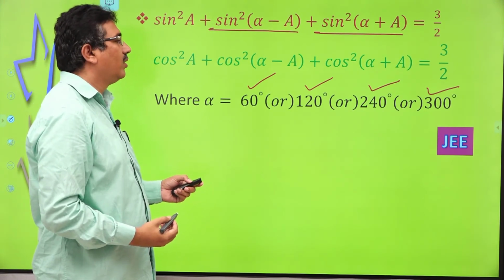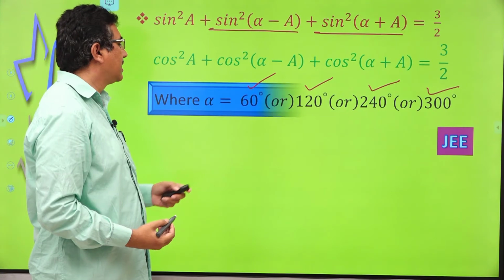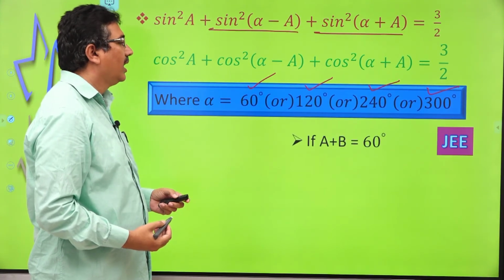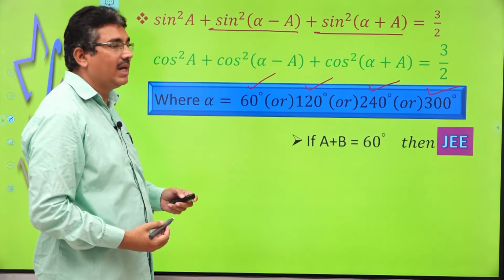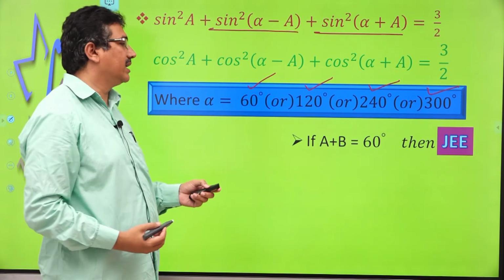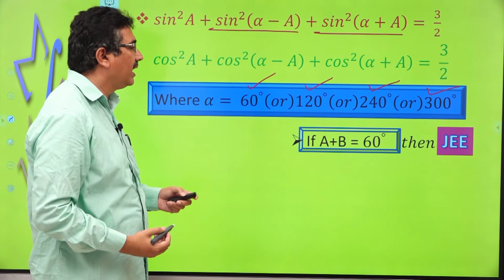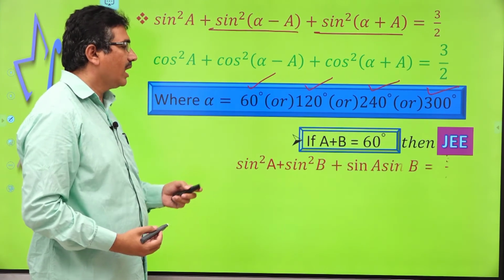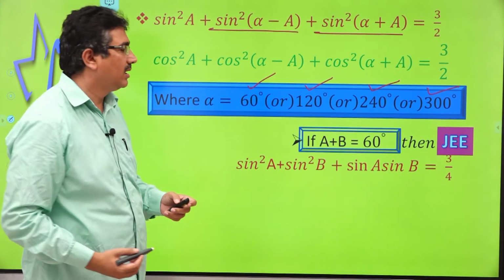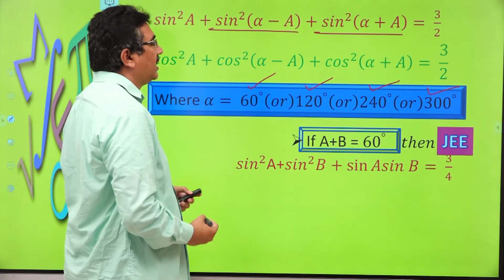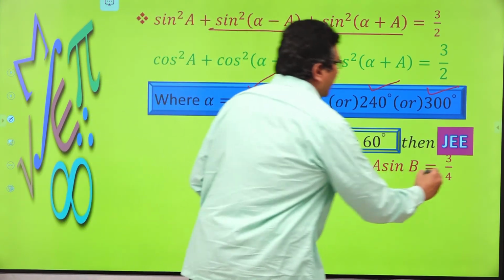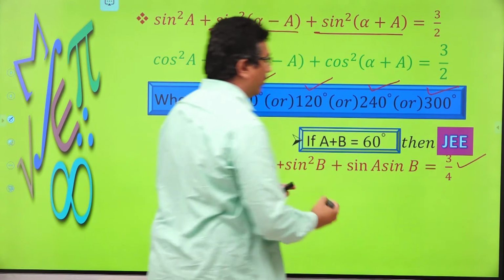Now see another result. If A plus B is equal to 60 degrees, then sin square A plus sin square B plus sin A sin B is equal to 3 by 4.